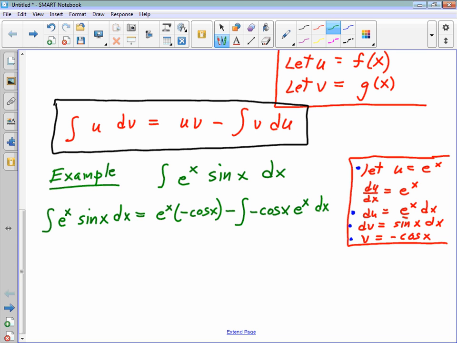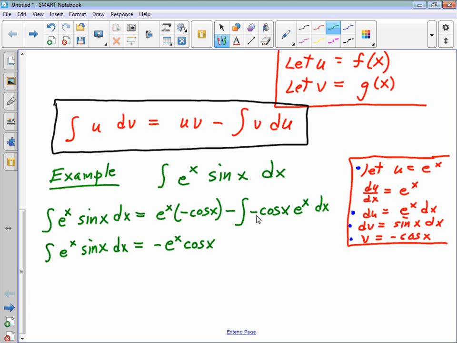Now here's the really crazy part. Well, wait, let's clean this up one more time before I get going. So now we have e to the x times sine x dx equals, well, normally you're going to go the opposite of e to the x cosine x.